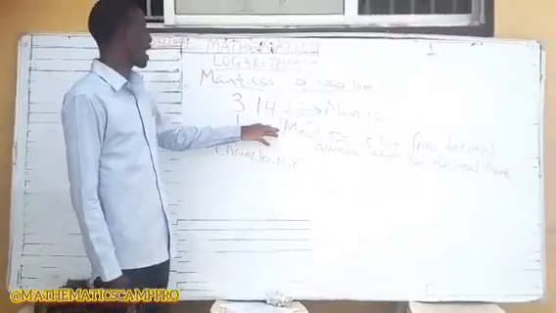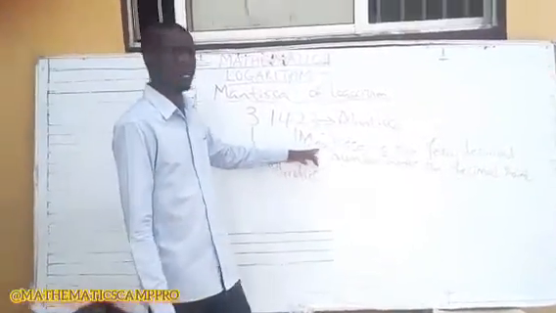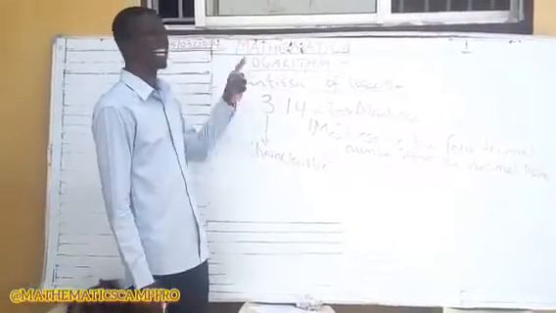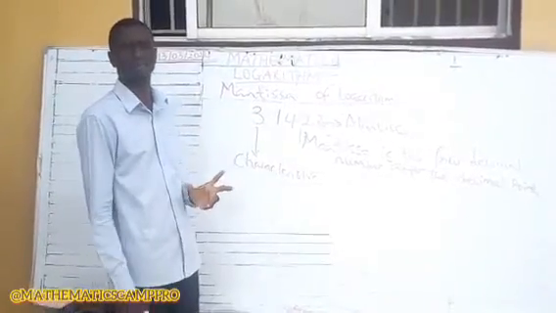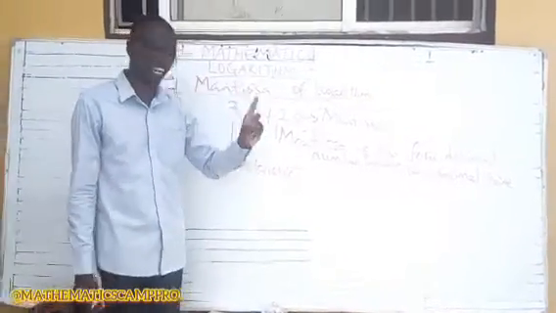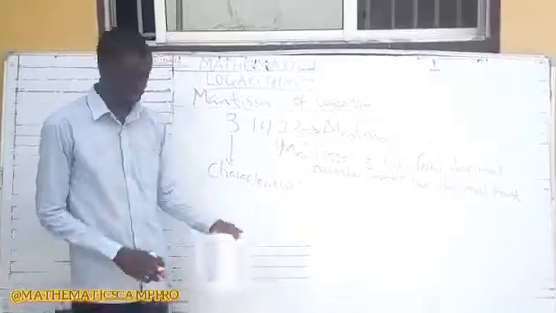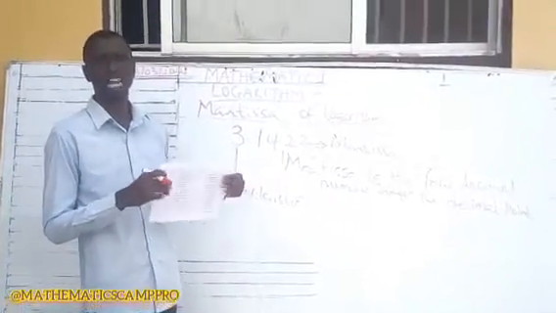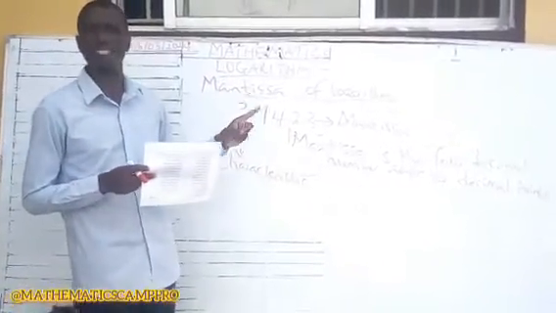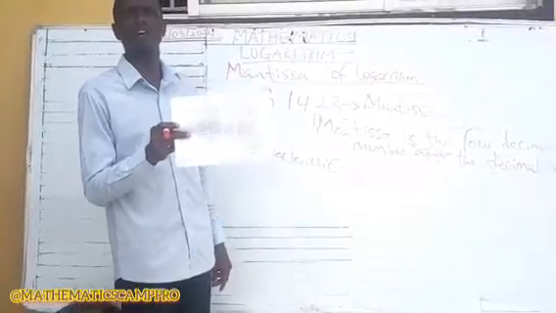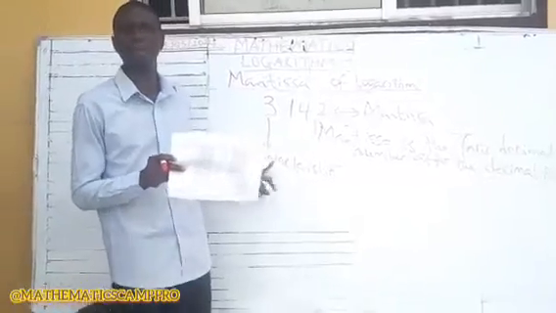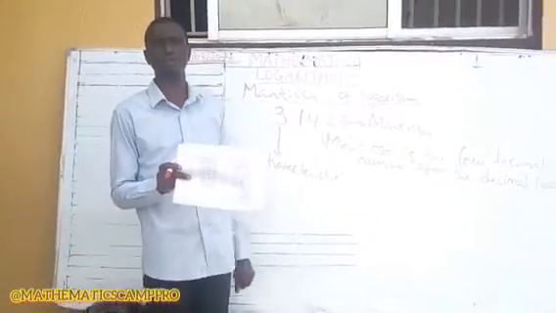Now I said mantissa is the 4 decimal number after the decimal point. And how can you get your mantissa? You can get your characteristics by inspection, and your mantissa can only be gotten from the 4-figure table. I say it again, viewers at home. For you to get your mantissa, you get it from your 4-figure table. You can only get your characteristics by inspecting the number given to you.